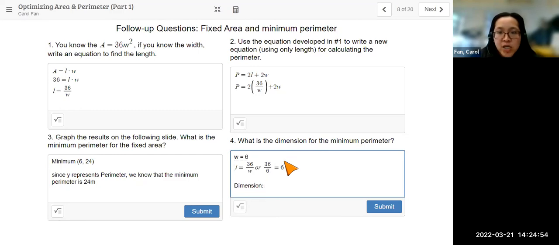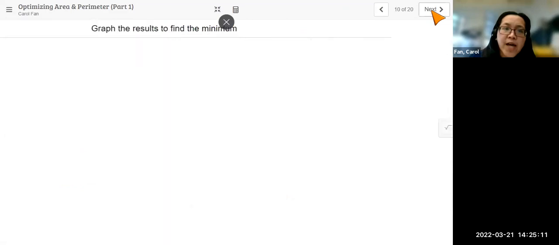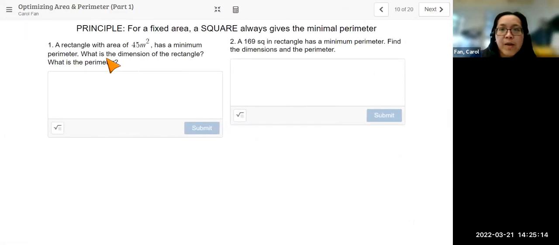So our dimension is 6 meters by 6 meters. Okay, so what that tells us is, once again, if I have a fixed area and I want a minimum perimeter, we are also working with a square.